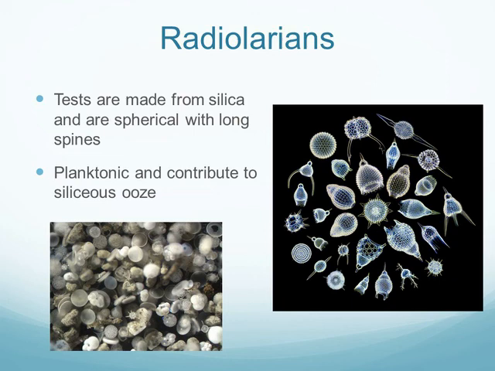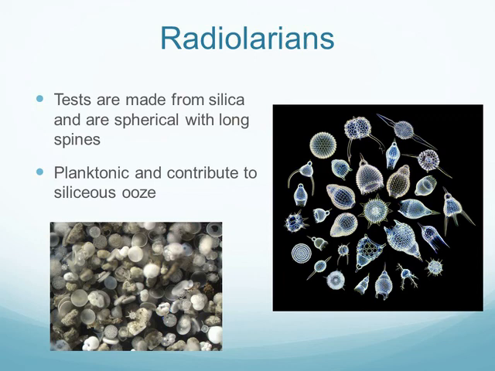Anyways, these particular guys make their shells out of silica, and they have tons of spines, and those spines are used for keeping themselves buoyant and up in the water column near the surface of the water. Their shells, when they fall down to the bottom of the ocean, will create what's known as siliceous ooze. So it's basically just a bunch of shells, right?